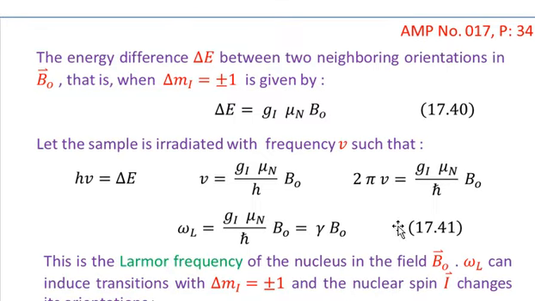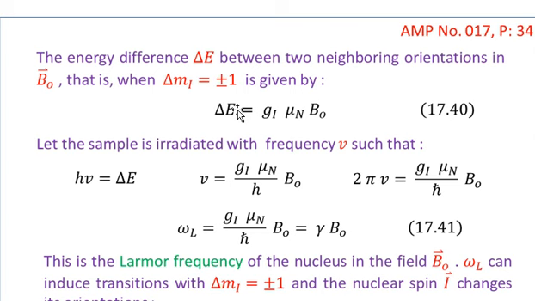Let the sample be irradiated with a frequency nu. Now you see that this delta E is known to us, that is, the separation between two nuclear hyperfine levels, given by equation number 40.